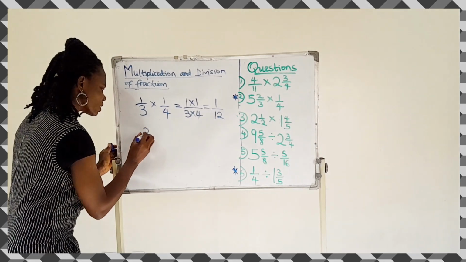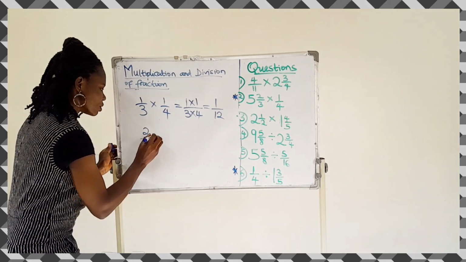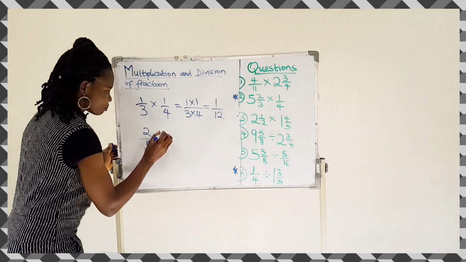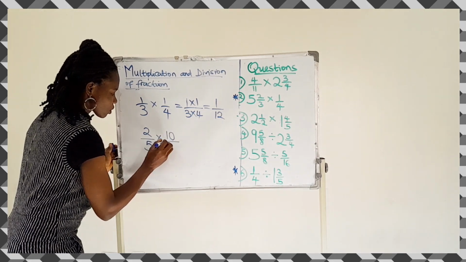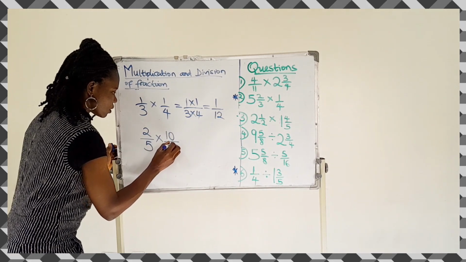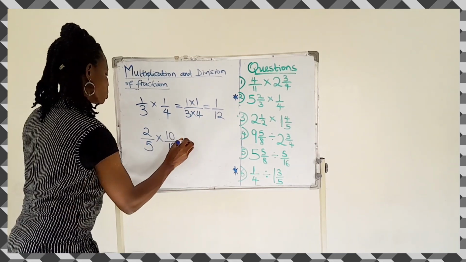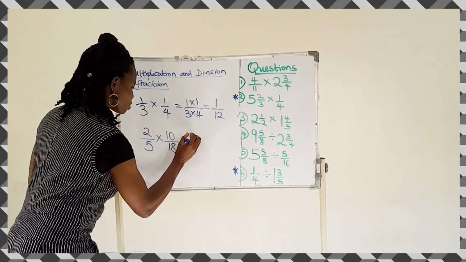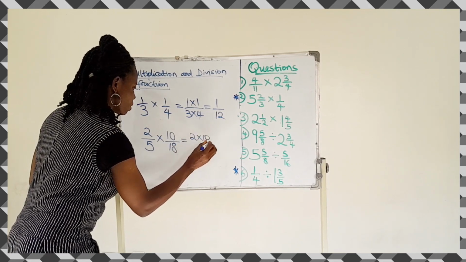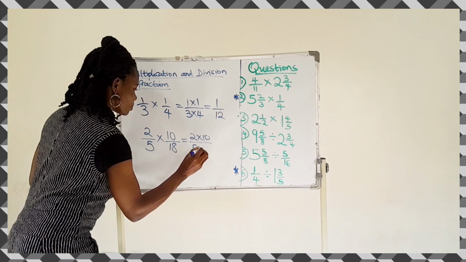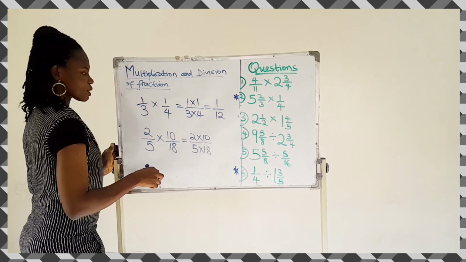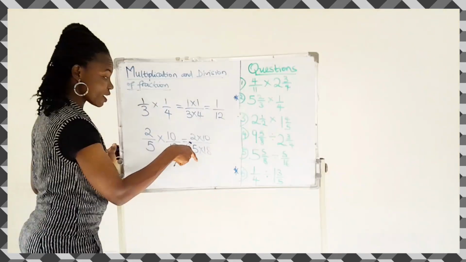If I have something like 2 over 5 times, say, 10 over 18. If you multiply out as usual, 2 times 10 over 5 times 18. Now I ask myself, can anything on top divide anything down?